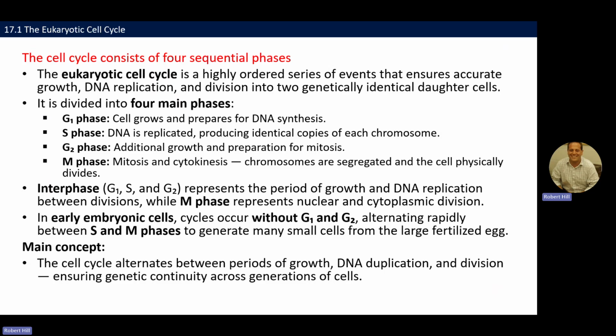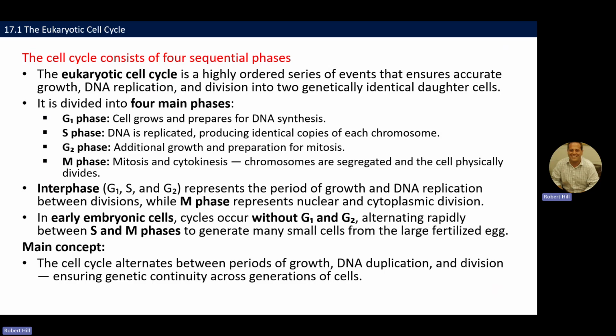So during G1, the cell grows and prepares for DNA replication by producing the proteins it needs, the organelles. It's in its normal stage of life, really. That's what G1 is. Now, at some point, the cell makes a decision to go into the next phase. And now it's no longer in its normal stage of life. It is preparing to divide. And that is the S phase.